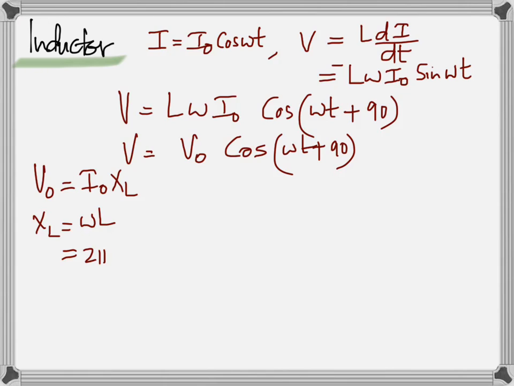No opposition to DC, and as the frequency increases, the reactance keeps increasing. So it could behave like a filter circuit. Don't you see that? If you wanted to filter very high frequencies, what could you do? Just have an inductor in that pack. Because it doesn't like high frequencies.